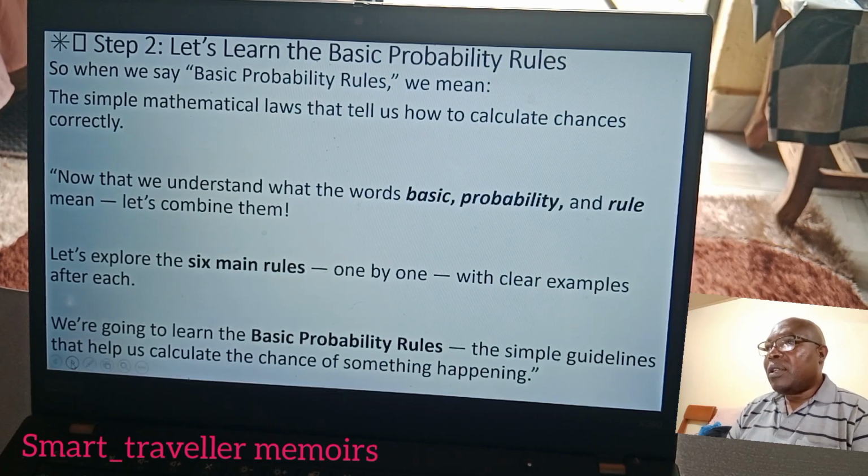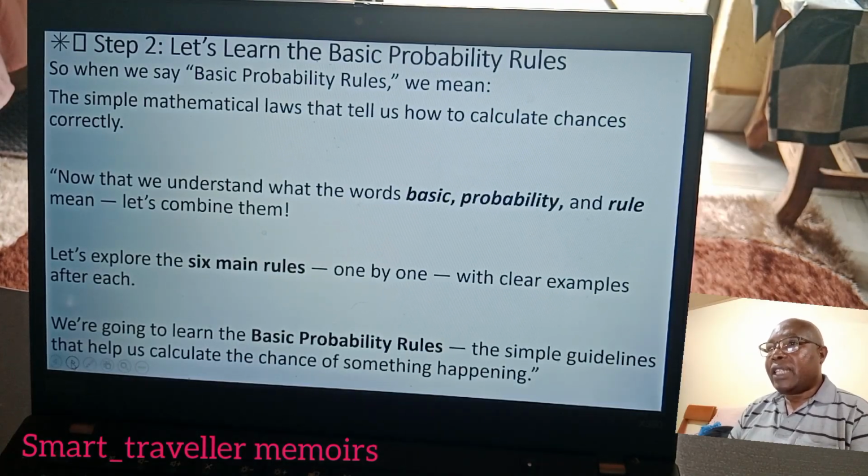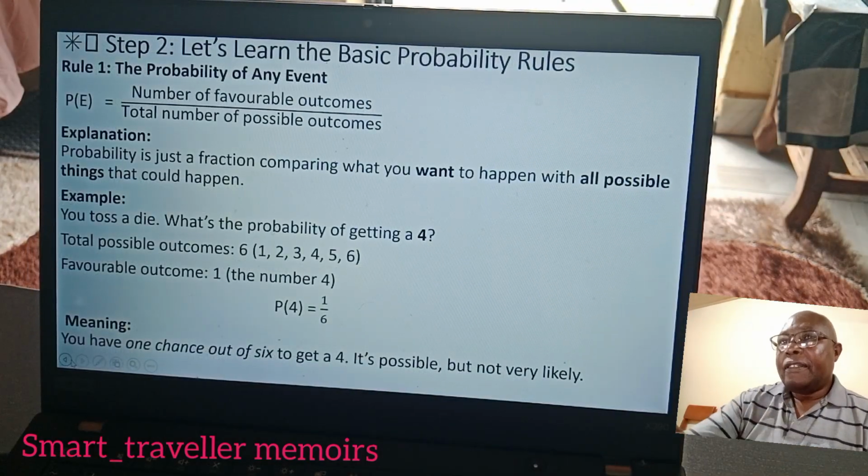Now that we understand what the words basic, probability and rule mean, let's combine them. Let's explore the 6 main rules one by one with clear examples after each. We are going to learn the basic probability rules, the simple guidelines that help us calculate the chance of something happening.